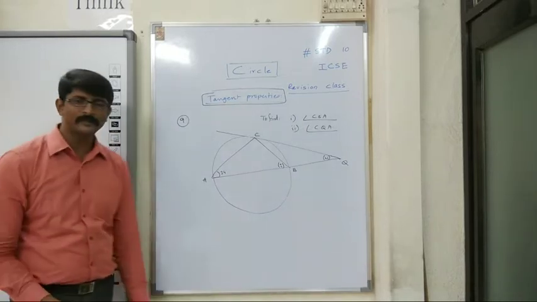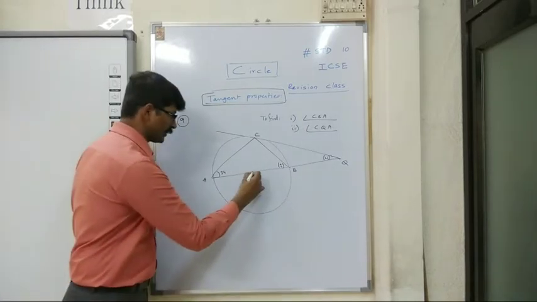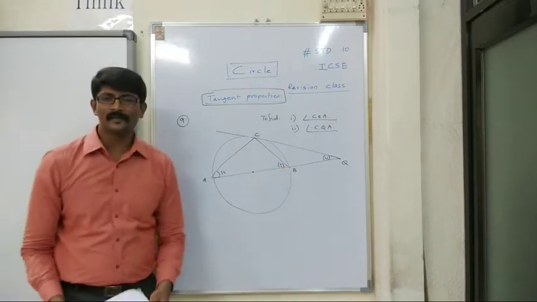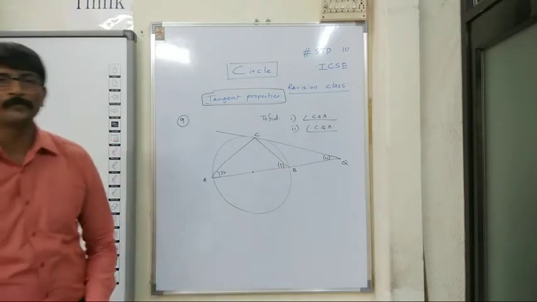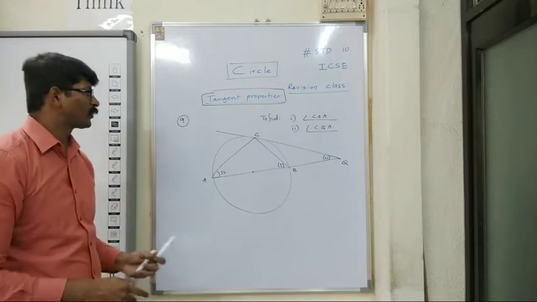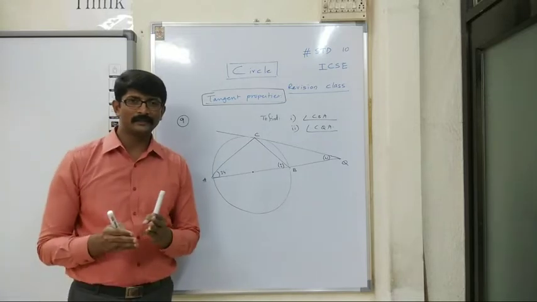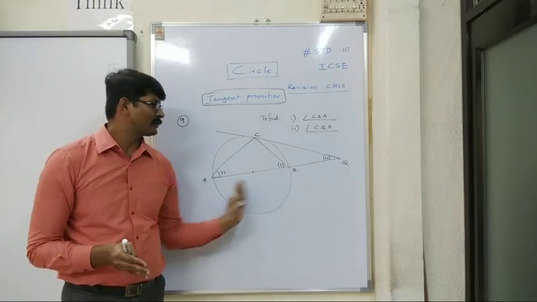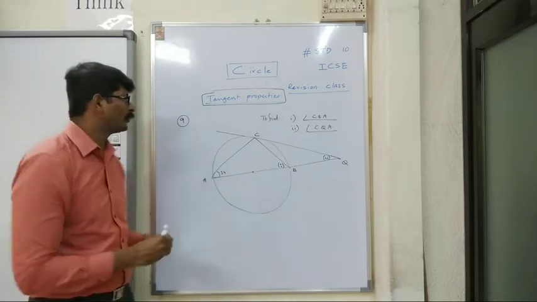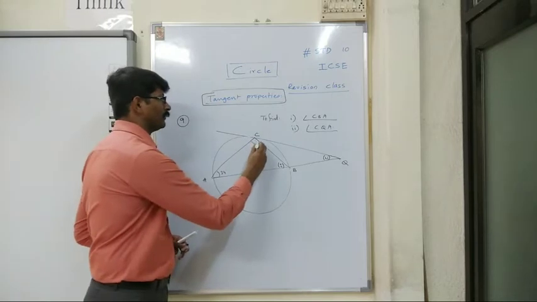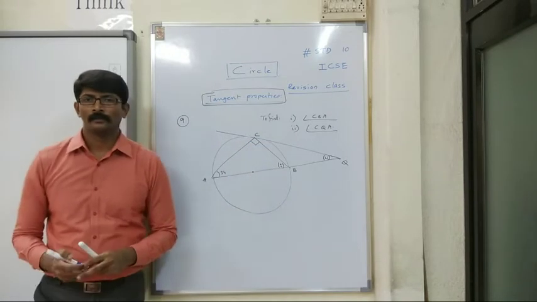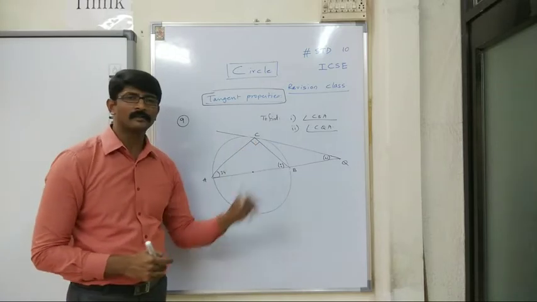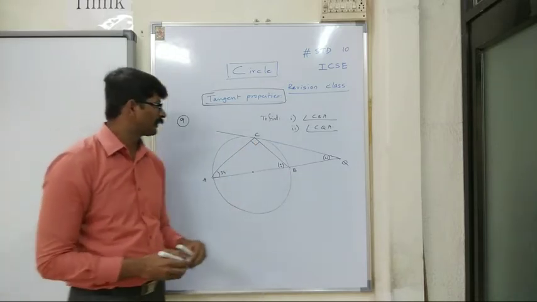It's very simple. Students, look at this. If AB is a diameter, we have one property. What is the property? Angle subtended by a semicircle is always a right angle.